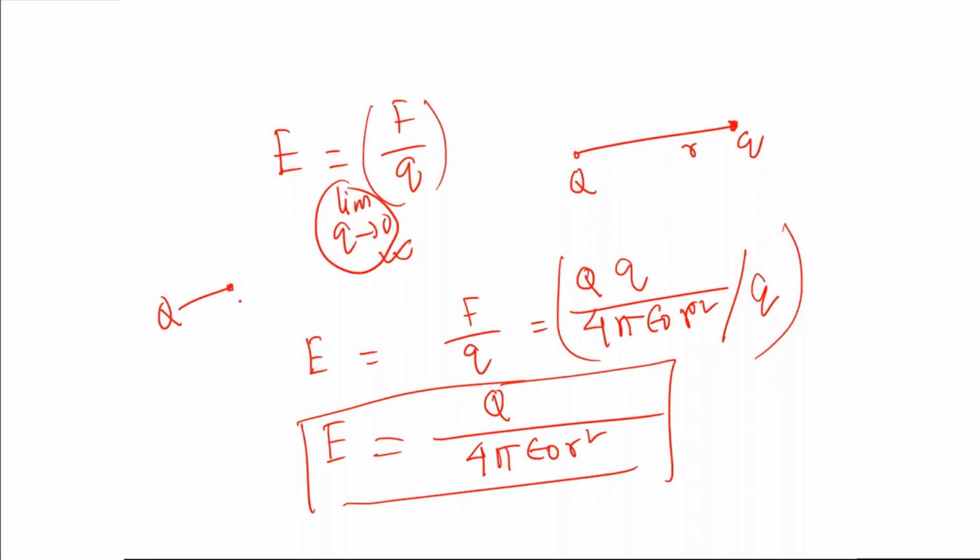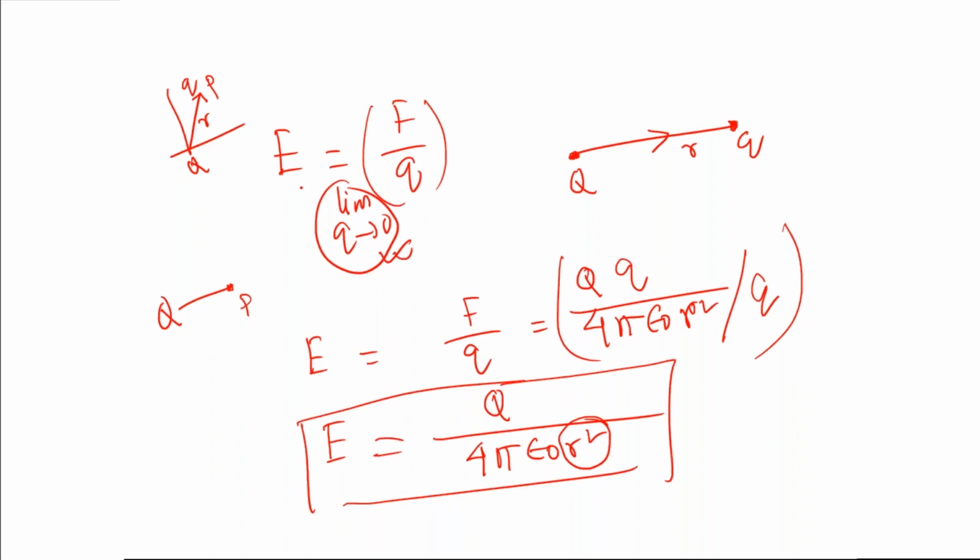Since this force acts along the line joining the two charges, and we have defined r as the position vector, it is always radially outward. This is Q, this is small q. So this electric field is always radially outward.